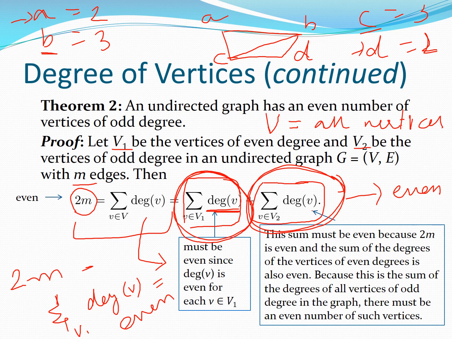If we had an odd number of vertices with an odd degree, summing them up would give an odd number. But with an even number of them, adding two at a time gives an even number, and summing all of those even numbers gives an even number.